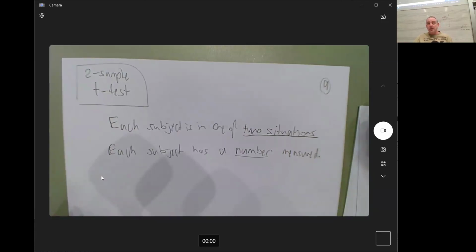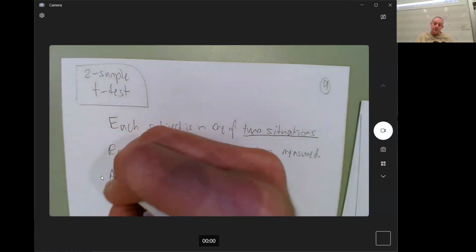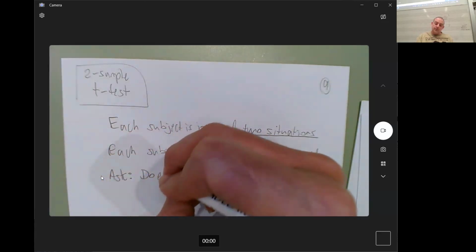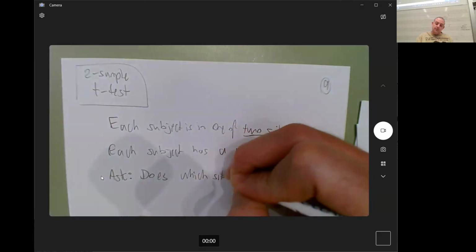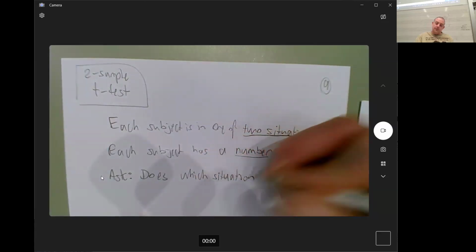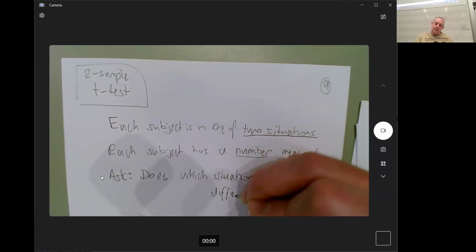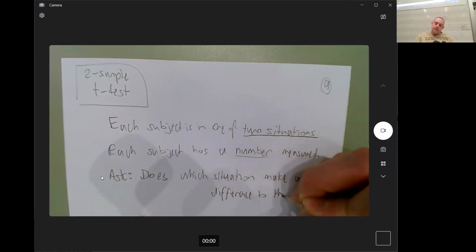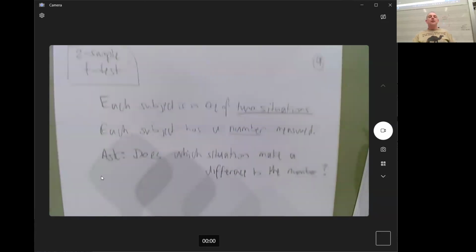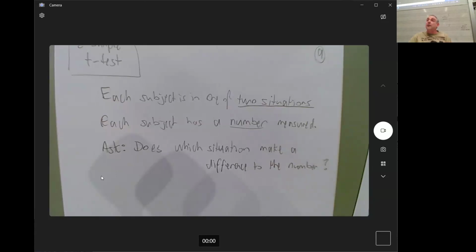That is the situation that we're in when you're dealing with the 2-sample t-test. And the question you're asking is, does which situation you're in make a difference to the number that you get? That is what the 2-sample t-test is designed to answer.